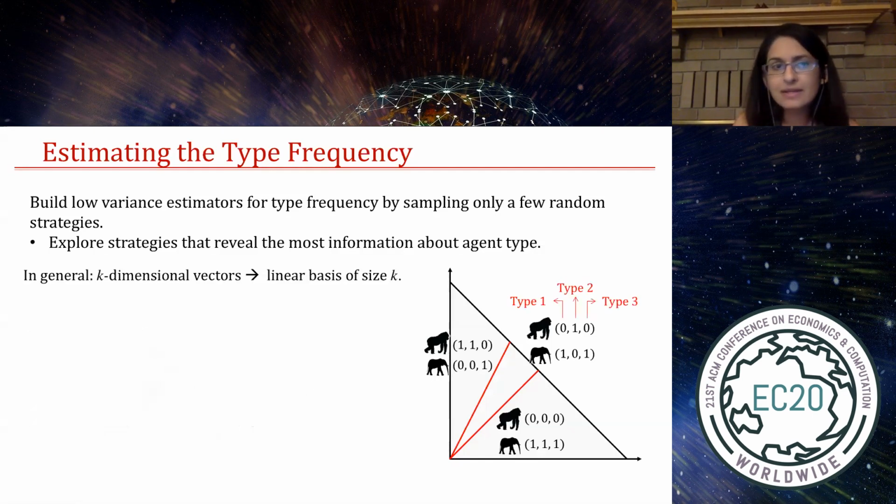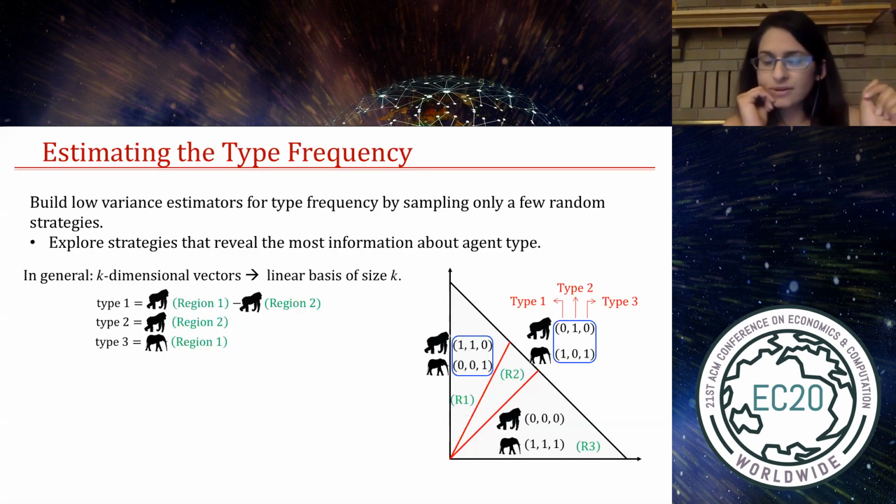In a way, what I am after is to understand the likelihood of types 1, 2, 3 using the likelihood of one of these targets being attacked. So what I'm looking for is to come up with a linear basis of size K to figure out the likelihood of each attacker type.